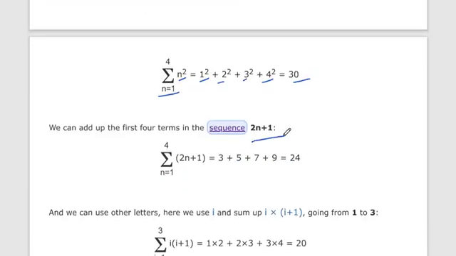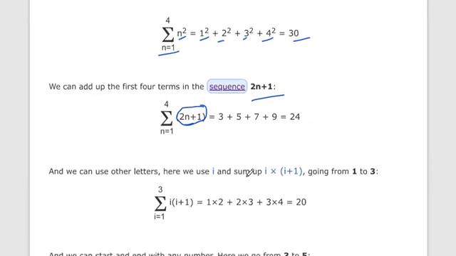We can also take 2n plus 1, with n from 1 to 4. We can take anything in the part to be summed, and any limits: 1 to 4, 1 to 5, 6.